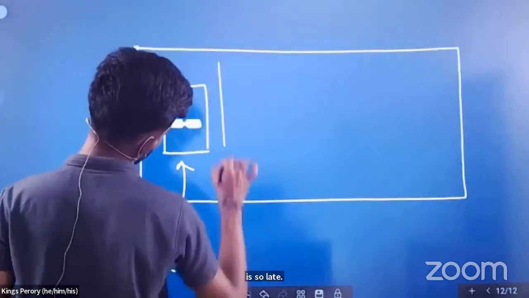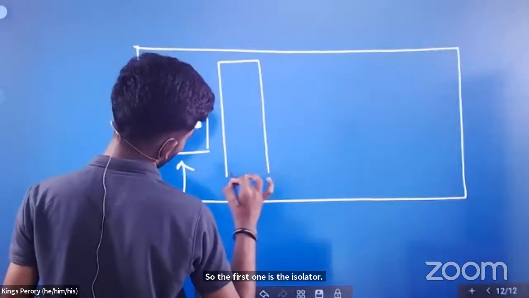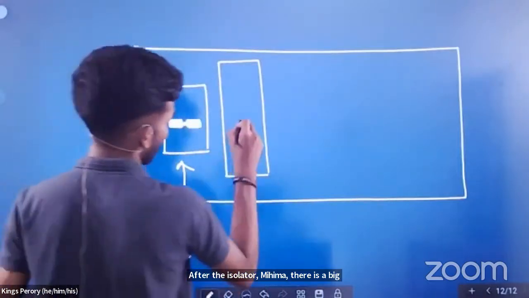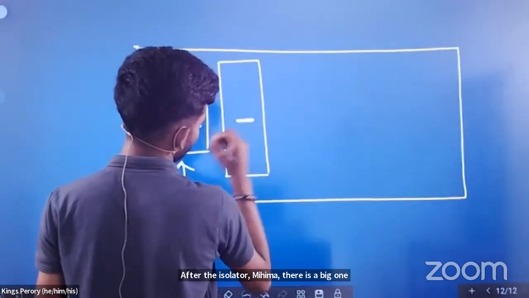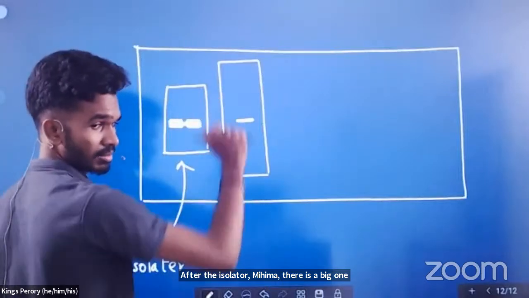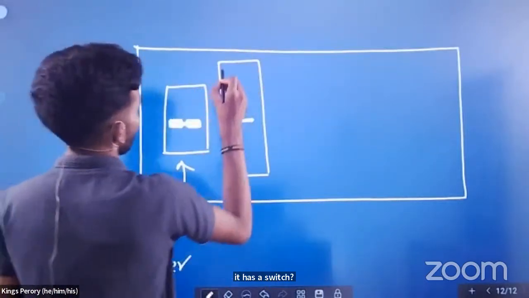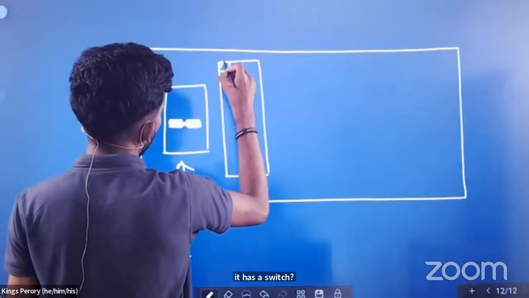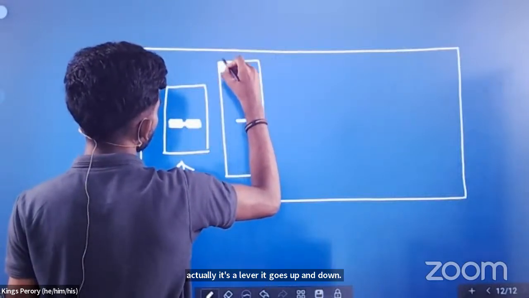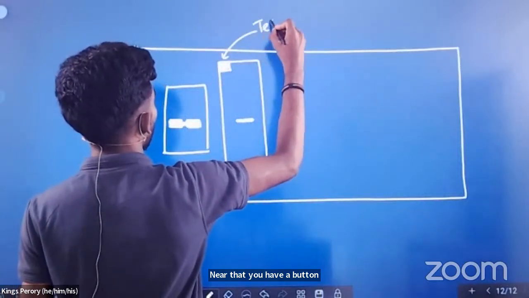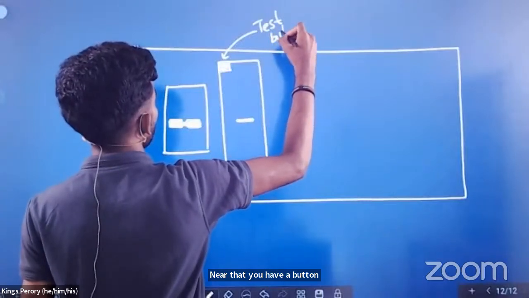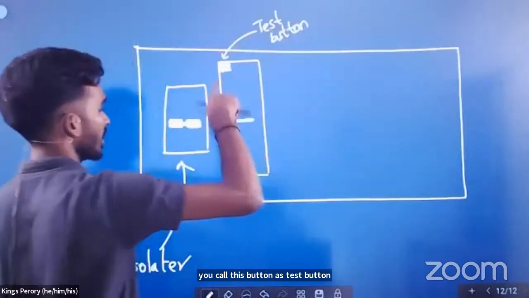After the isolator, there is a big one. It has a switch, actually a lever, that goes up and down. Near that, you have a button. You call this button the test button. Using that only, you identify this.